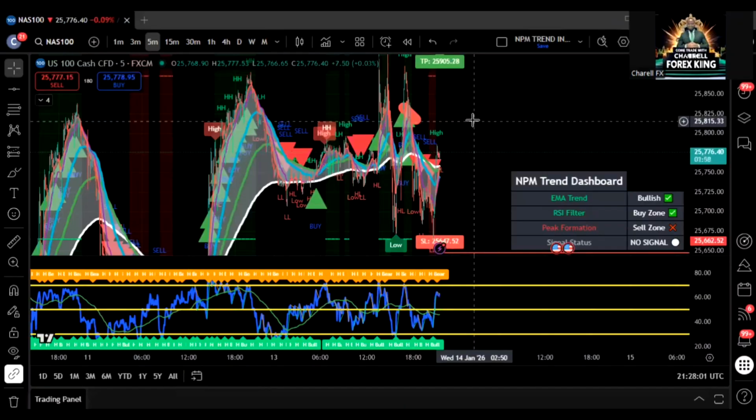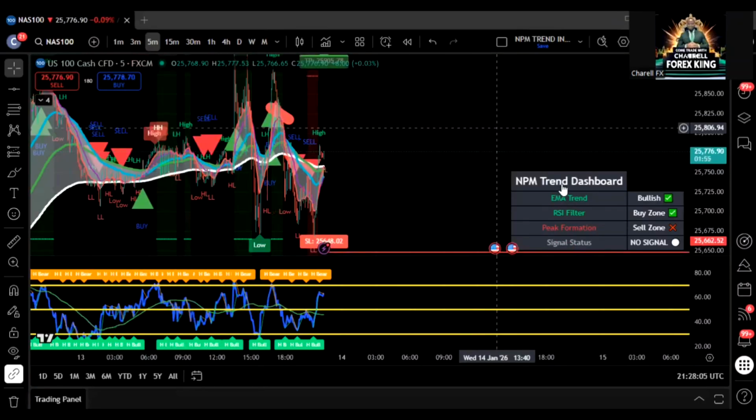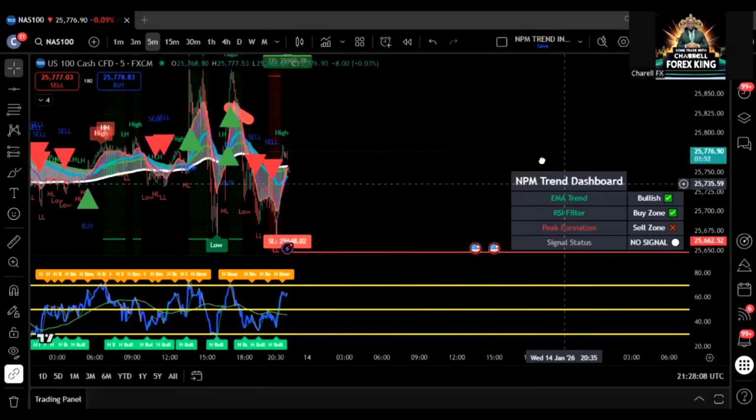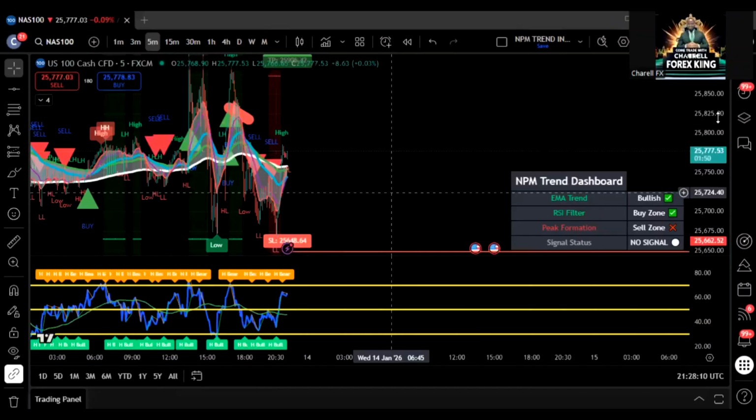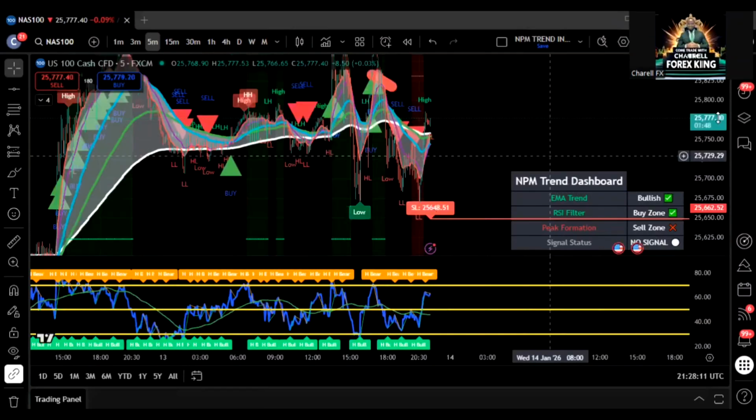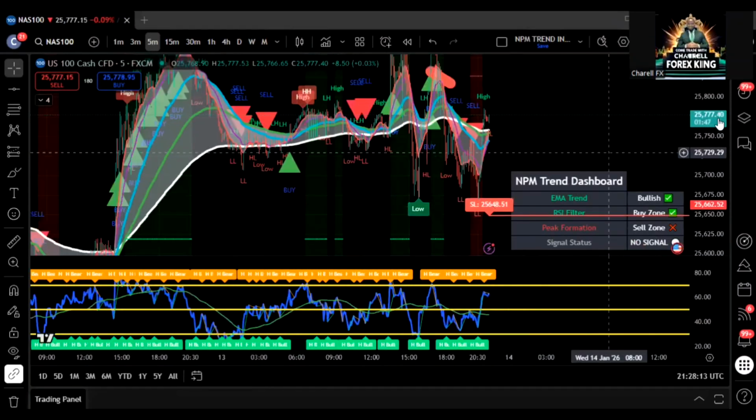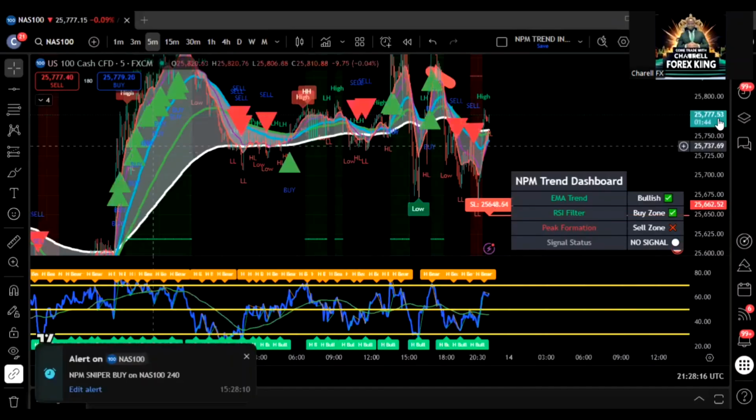So after you get all of those, you need a trading tool. I mainly use NPM Trend Dashboard. You can use the NPM Trend Indicator. It has the EMAs. You need EMAs when you come to moving averages. I use exponential moving averages.